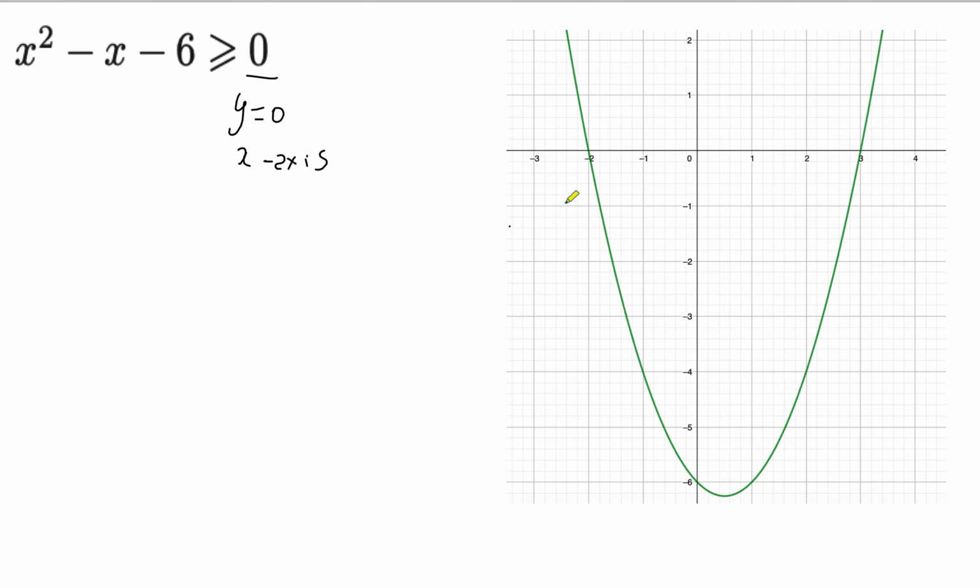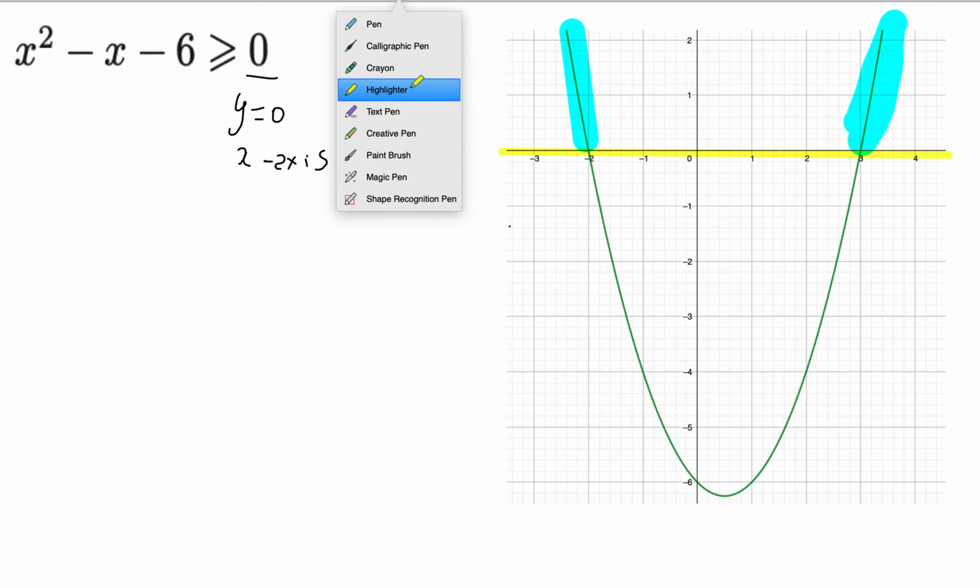So again, let's highlight. This is the x-axis that I'm looking at. And I want to know when is my green line above my other graph. So it's precisely here and here. And when does this happen?